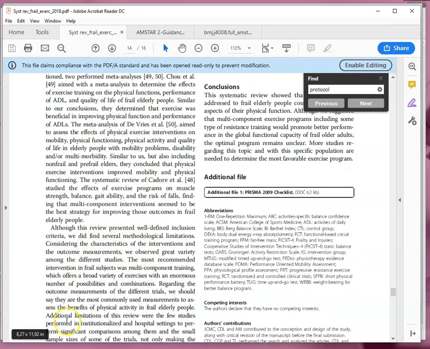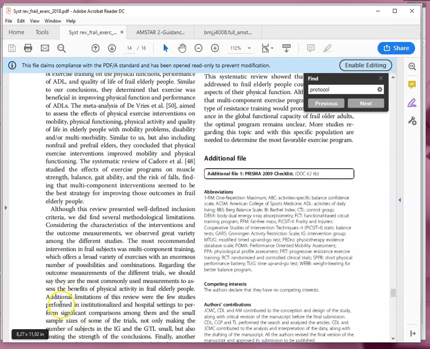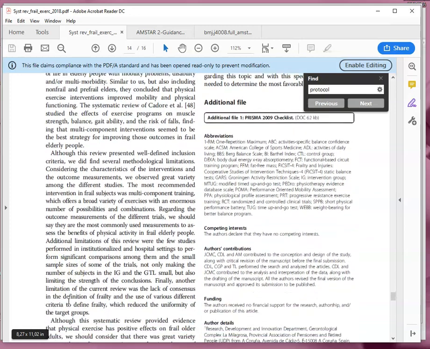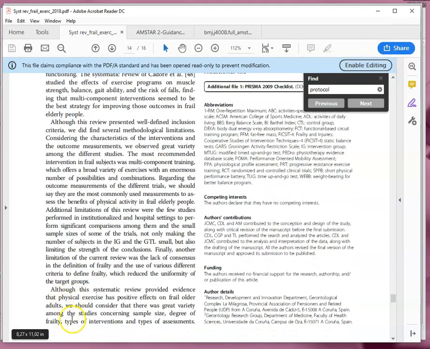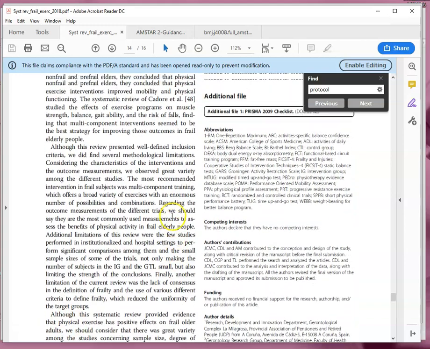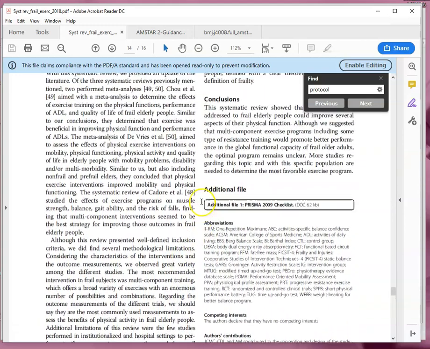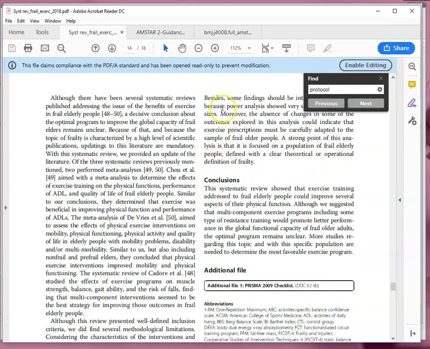The most common additional limitation were the few studies performed. Okay. Another limitation was the lack of consensus. Field is another, and they don't talk about the grey literature, or they don't talk about anything else.